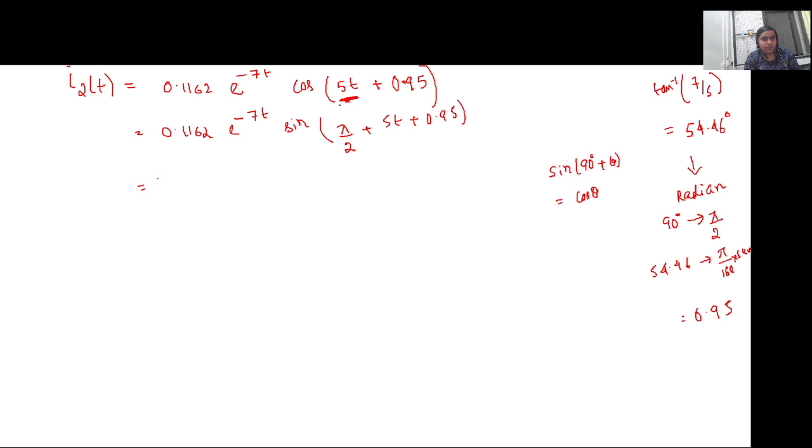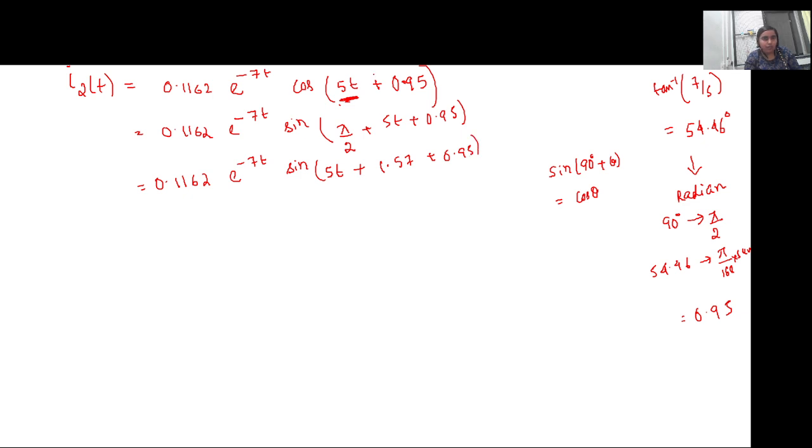So this is 0.1162 e to the power minus 7t sine of 5t plus pi by 2, pi divided by 2 is 1.57, plus 0.95.